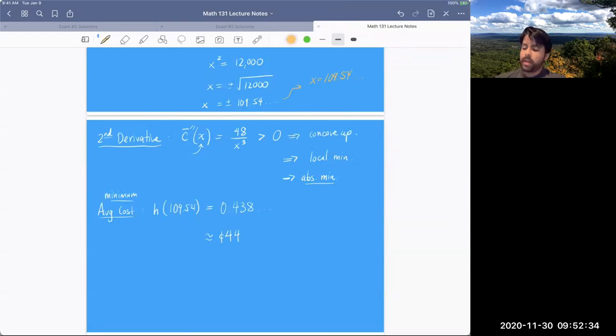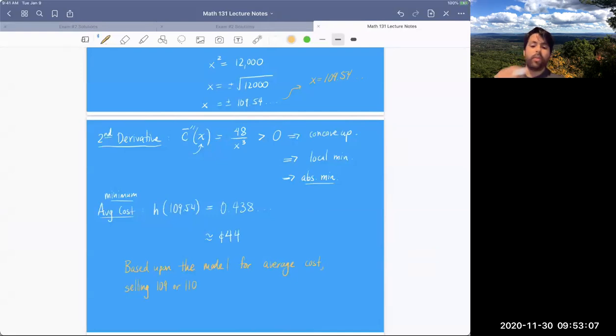So you would say, based upon this model for the average cost, selling 109 or 110 units.